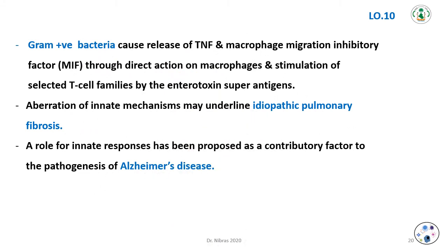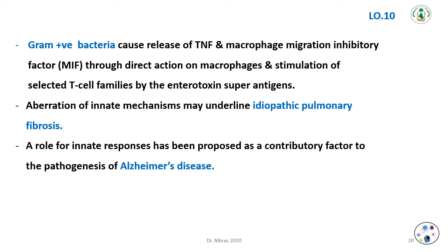For example, gram-positive bacteria cause release of tumor necrosis factor and macrophage migration inhibitory factor through direct action on macrophages and stimulation of selected T cell families by enterotoxin superantigens.